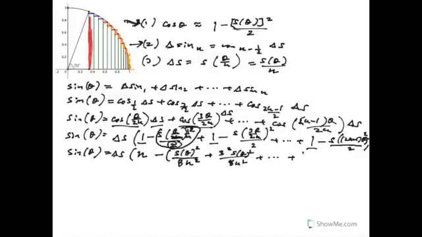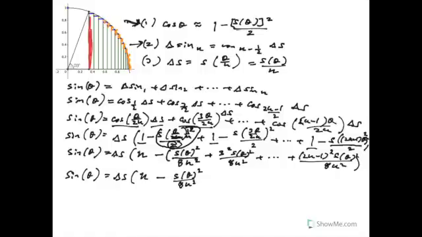And that's going to go up to (2n minus 1) squared s of theta squared over 8n squared. So now I can factor out from each of those things the s of theta squared over 8n squared. And what's left inside here is 1 squared plus 2 squared plus 3 squared up to (2n minus 1) squared.